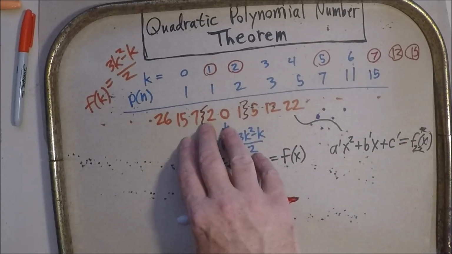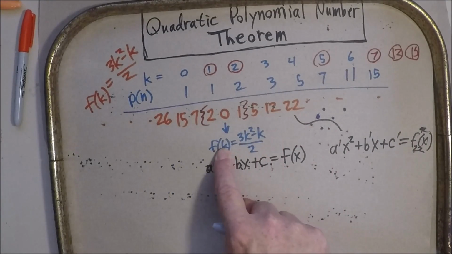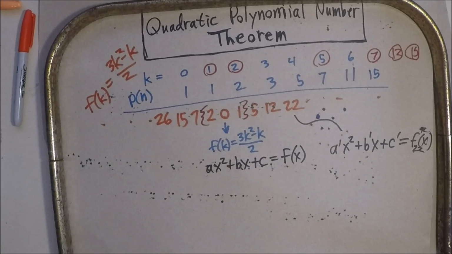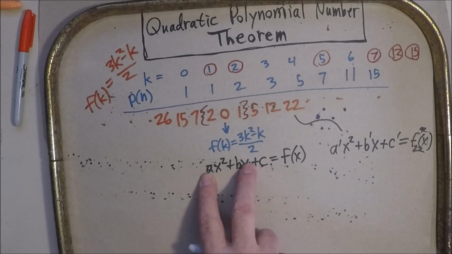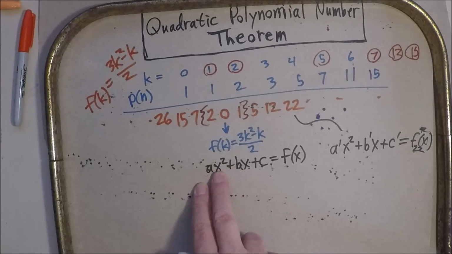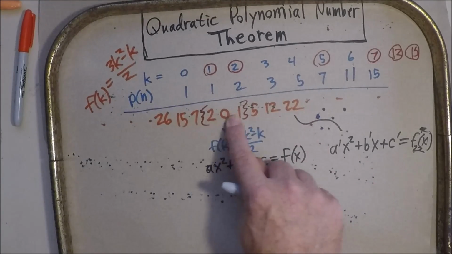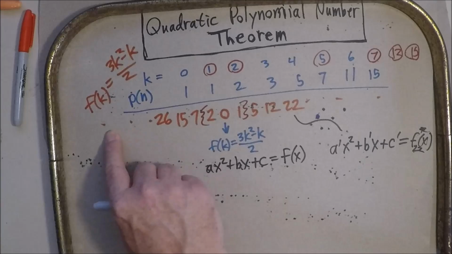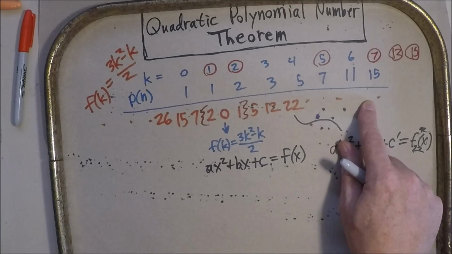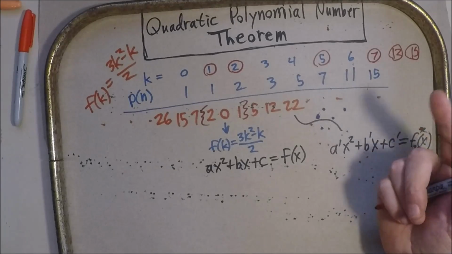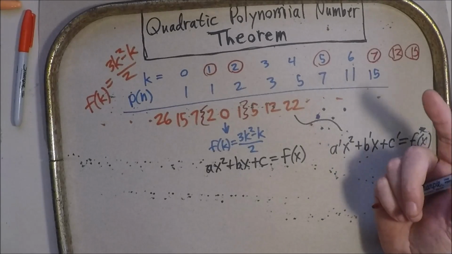Any 3 values will determine a unique quadratic polynomial, whether those 3 values are interpreted as coefficients, or as values of the sequence somewhere. It all comes down to having enough equations to solve for the unknowns you have.